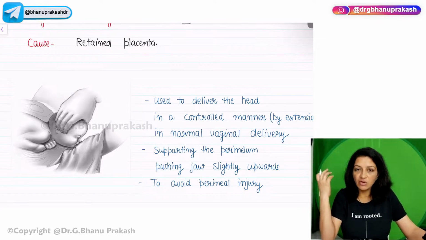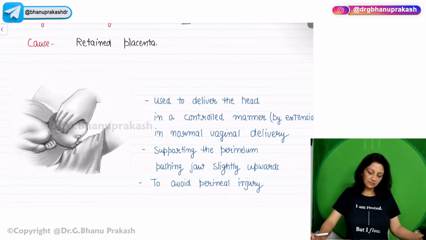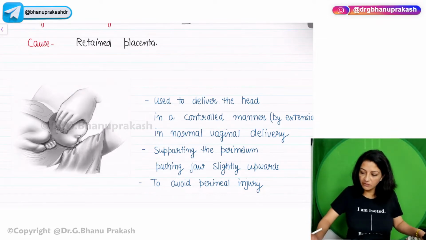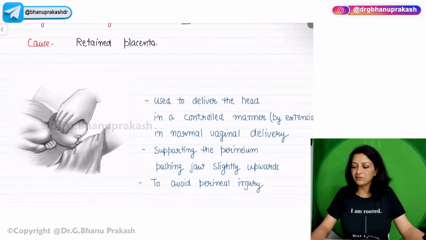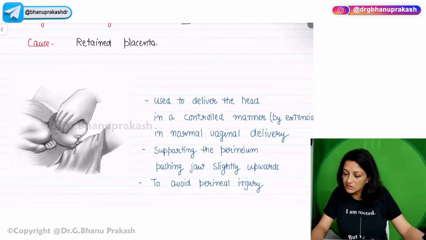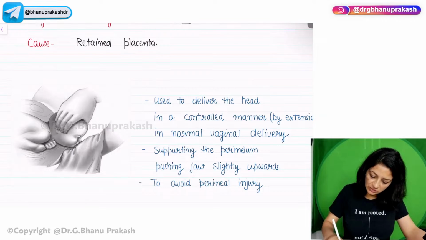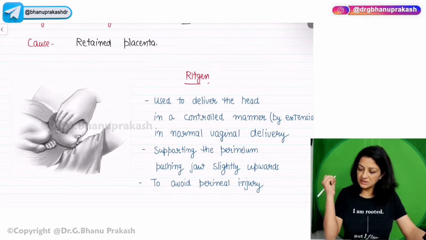So what is the name of this maneuver? Yes, anyone? What is the name of this maneuver in case of normal vaginal delivery? Yes, Dr. Vijay. Right. Ritgen maneuver. So this one is the Ritgen maneuver.